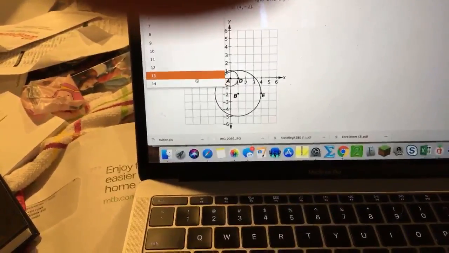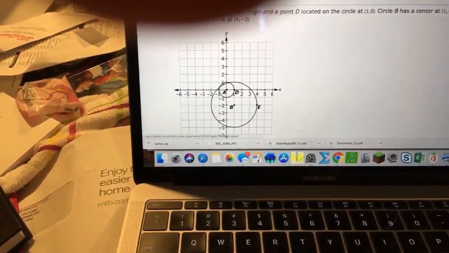And then 36 on the warm-ups. Not a problem, Tim. We'll do that after that.